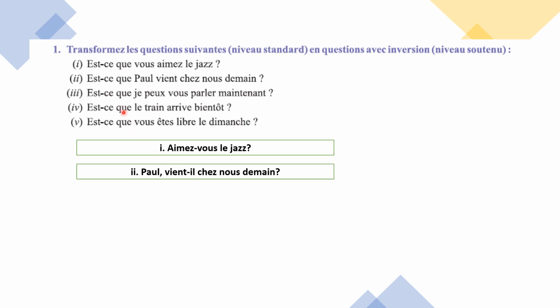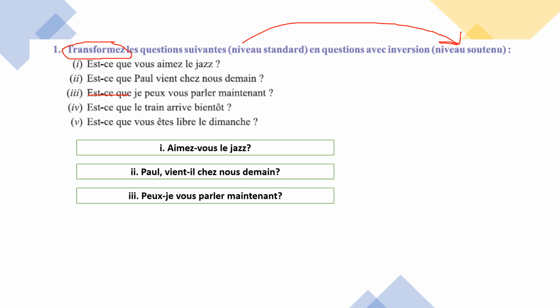Alright. Third one, no subject, no problem, remove est-ce que. Why? Because I'm supposed to transform the questions from est-ce que, standard, to inversion, which is high class level. So I remove est-ce que and I invert the verb. Puis-je vous parler maintenant? The next one, est-ce que. If I remove that, le train is a noun. It's not a pronoun. And I cannot invert nouns.